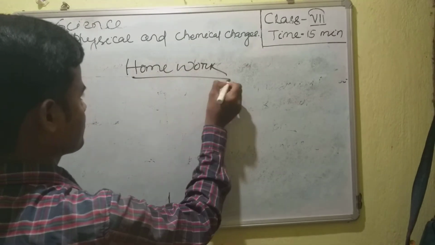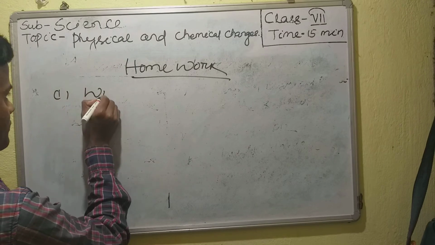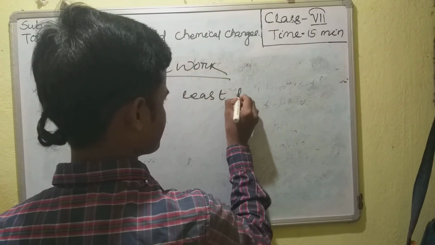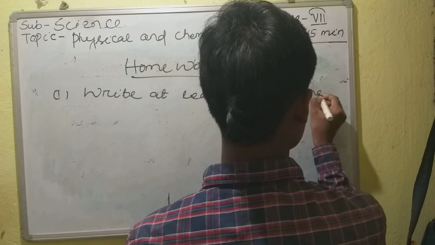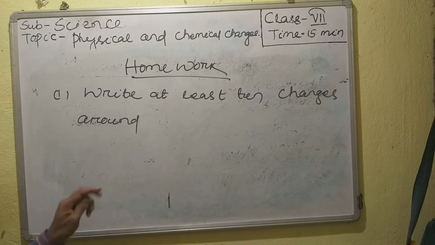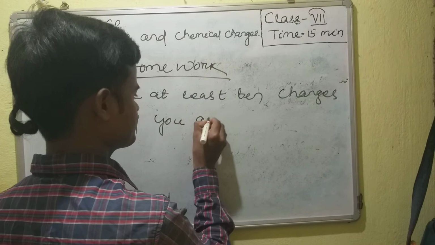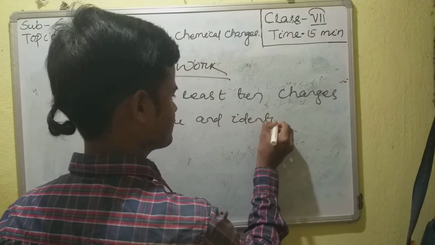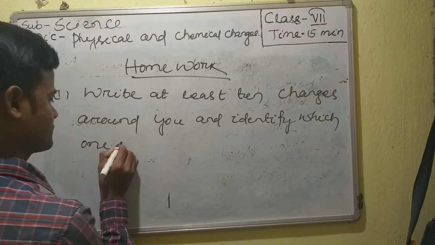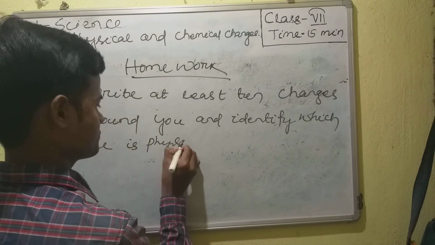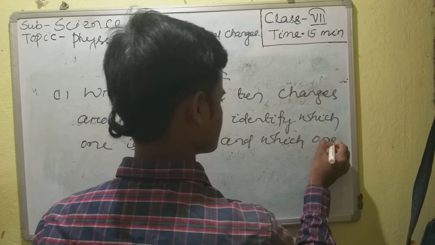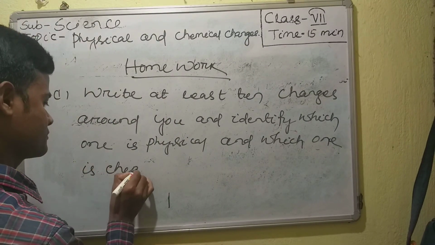Homework. Write at least 10 changes around you and identify which one is physical and which one is chemical.